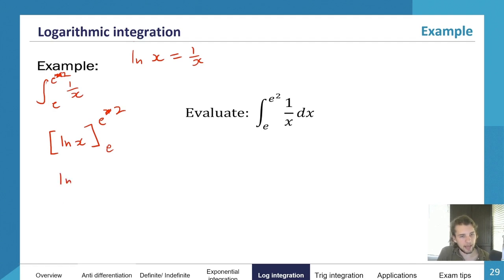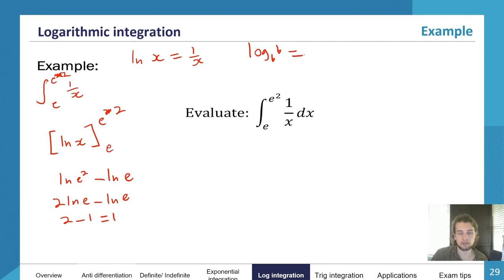So this becomes ln e squared minus ln e. That becomes 2 ln e minus ln e, which becomes 2 minus 1, which equals 1. And that's just using our logarithmic rules. If we have a log base b and then it has b inside of it, that is equal to 1. And ln is equal to log base e. So we have ln with an e inside of it, that is equal to 1.